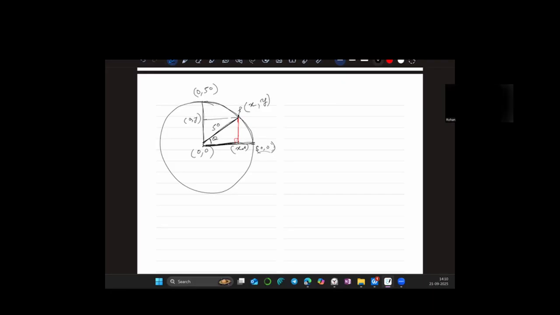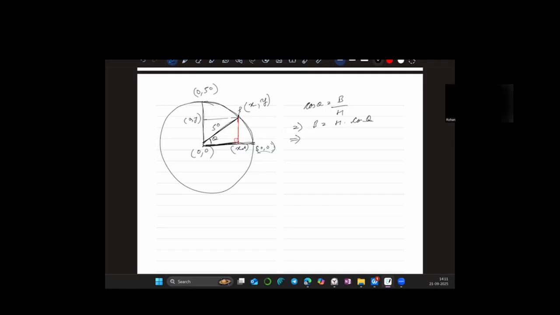So for this, we can use the trigonometric ratios. For the x-axis, we can use the cos theta ratio. So we do know what cos theta is. Cos theta is base by hypotenuse. So rearranging this equation, base is equal to hypotenuse multiplied by cos theta.